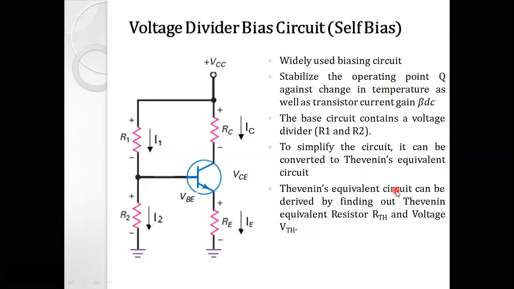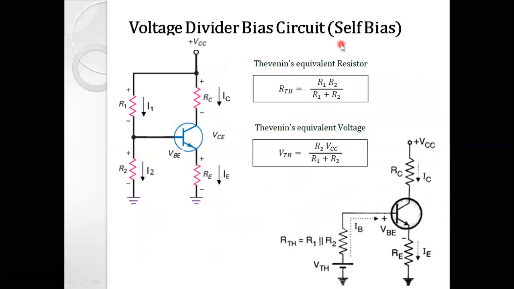Thevenin's equivalent circuit can be derived by finding out the Thevenin's equivalent resistor, that is RTH, and the voltage VTH, right? By applying the Thevenin rule, we can find out RTH, VTH, and from that we can simplify this circuit diagram. From the Thevenin's theorem, RTH is equal to R1 into R2 divided by R1 plus R2.